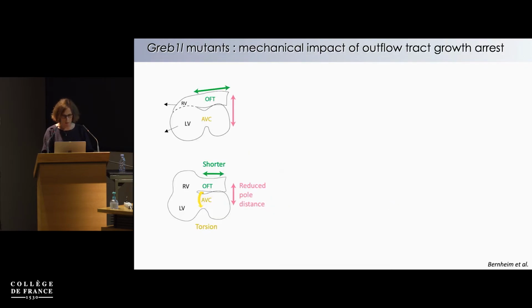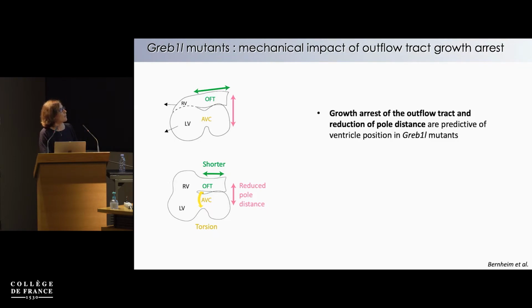So altogether, what we've been able to show by this 3D quantification of the heart loop shape is that the growth arrest of the outflow tract, but also a reduction in the pole distance, are predictive of the ventricle position in Gray-Boinel mutants.